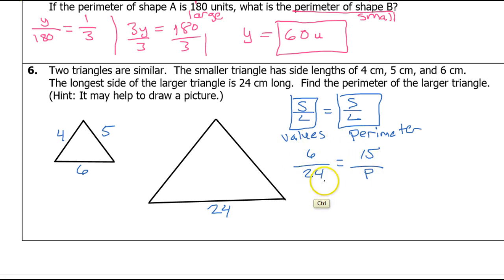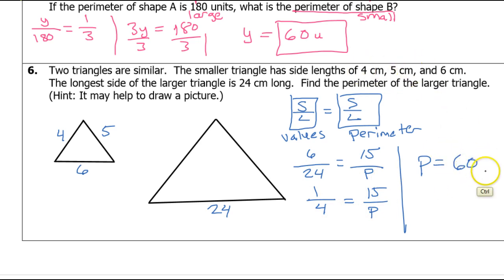Now, I like to reduce these things, so this would reduce down to 1 over 4. And then when you cross multiply, you simply get P, because 1 times P is P, and 4 times 15 is 60. The units are centimeters, so there you go, 60 centimeters.